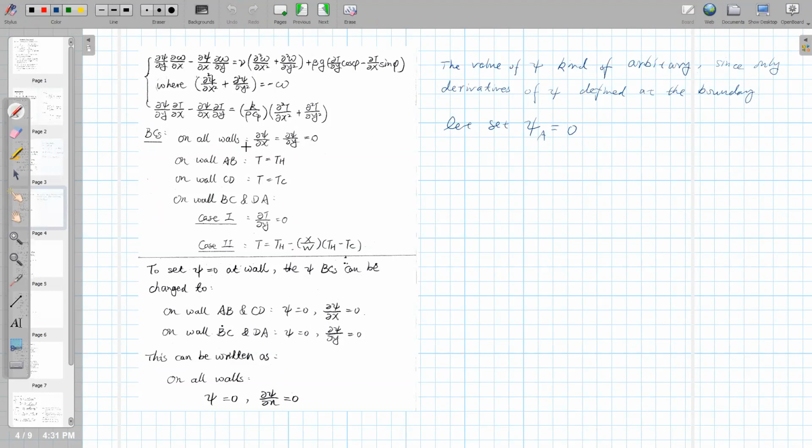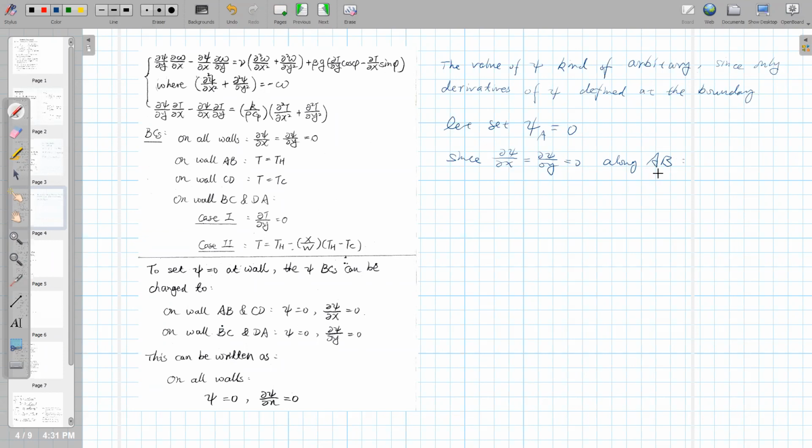And on the wall, since partial psi over partial x equals partial psi over partial y equals 0 along wall AB, what does it mean?